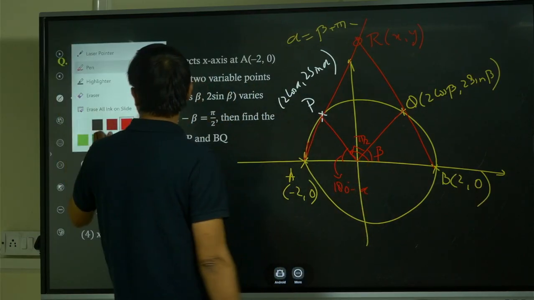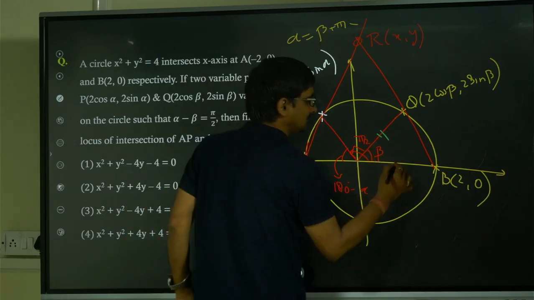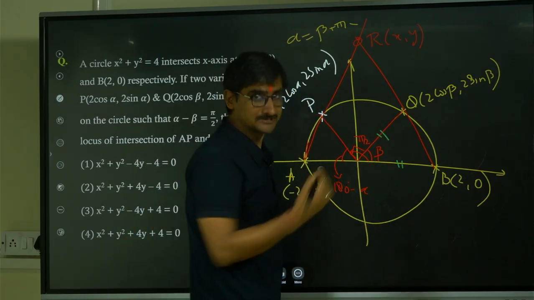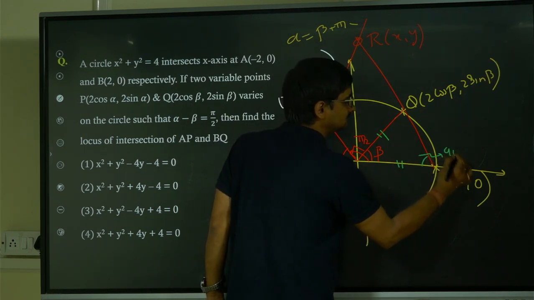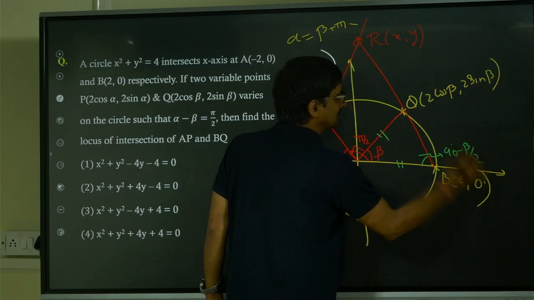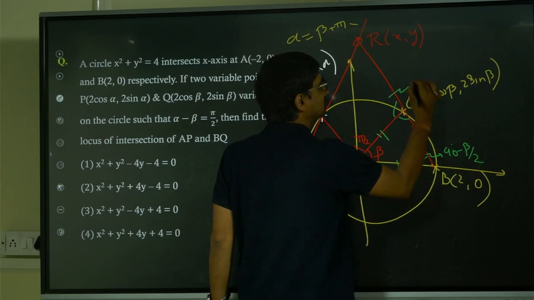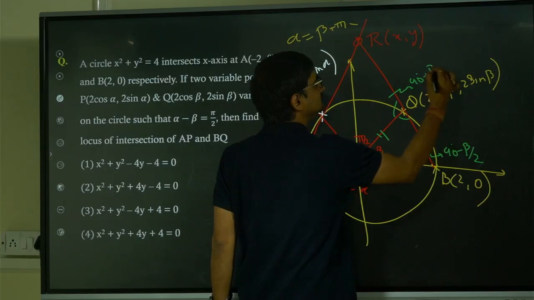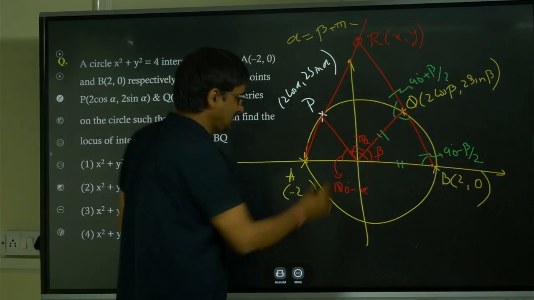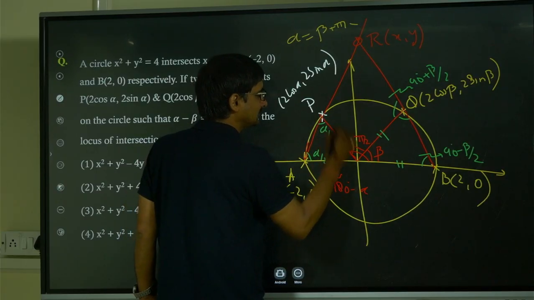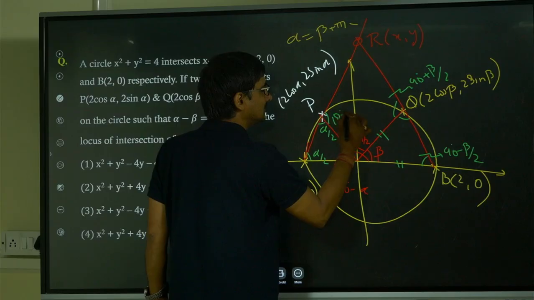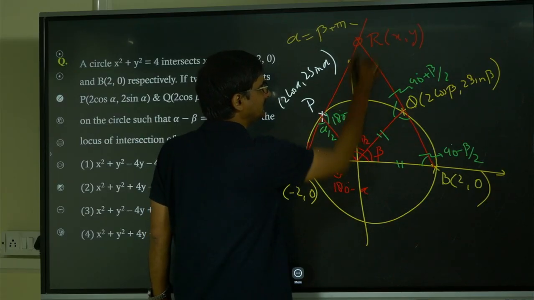Now this is R, this is R, so isosceles triangle, beta gone. So this is 90 minus beta by 2, and this is 90 plus beta by 2. Similarly, 180 minus alpha, so this is alpha by 2, alpha by 2, so this is 180 minus alpha by 2.